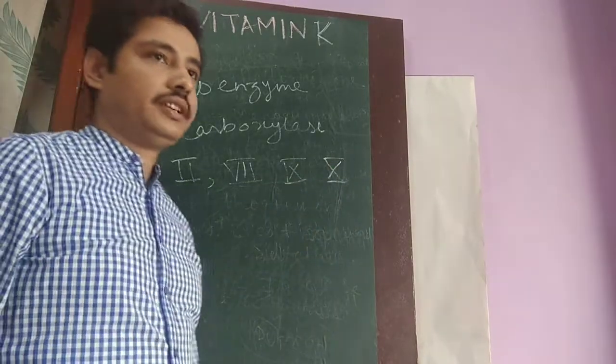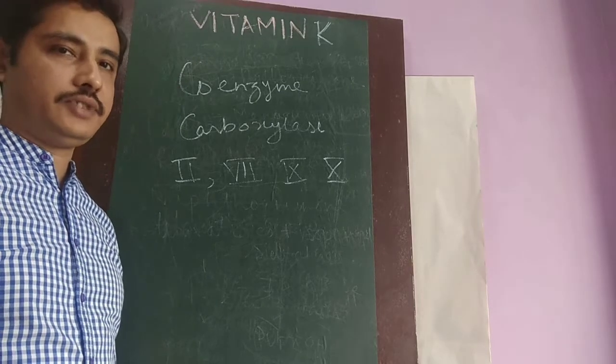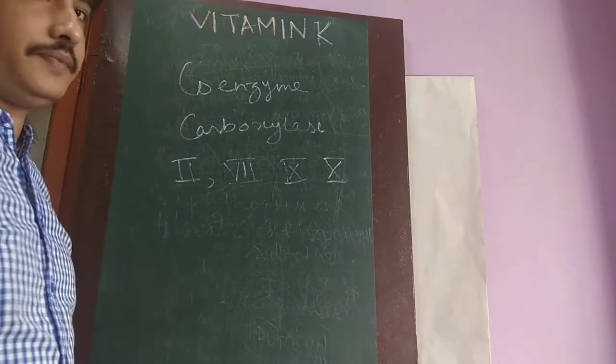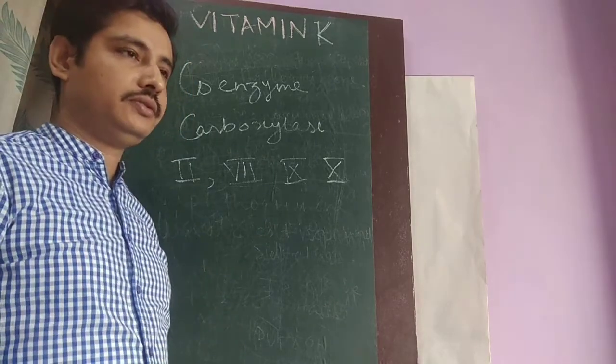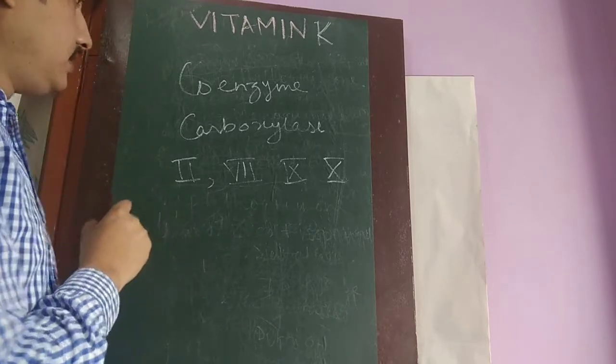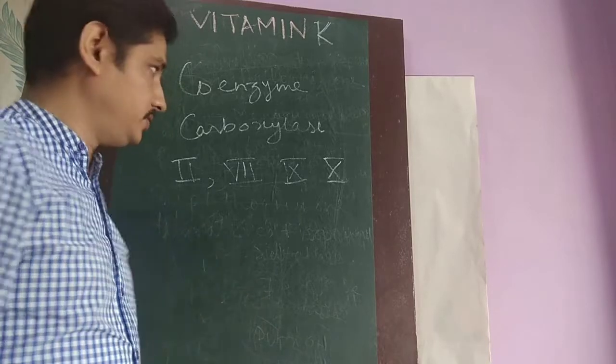These blood clotting factors are synthesized as inactive precursors, then they are modified after translation, and this modification involves carboxylation of specific glutamate residues of these protein factors, forming gamma carboxyglutamate residues.